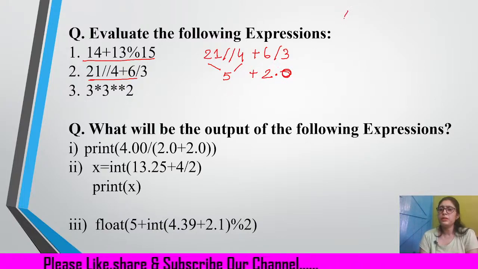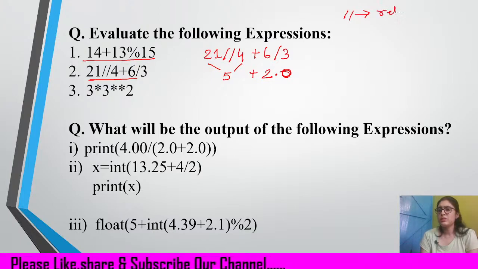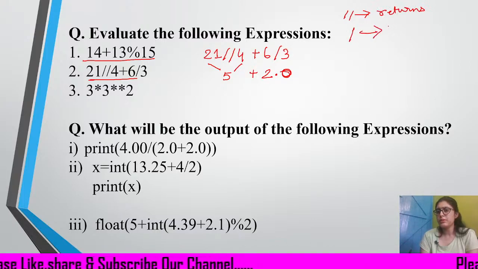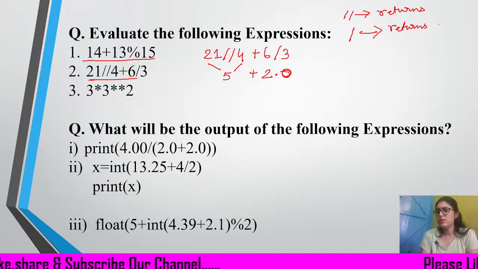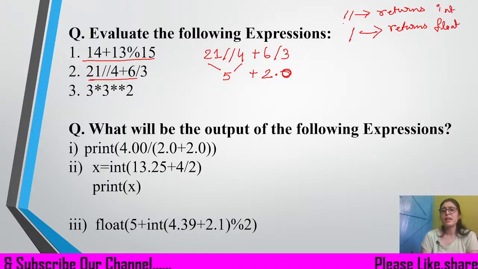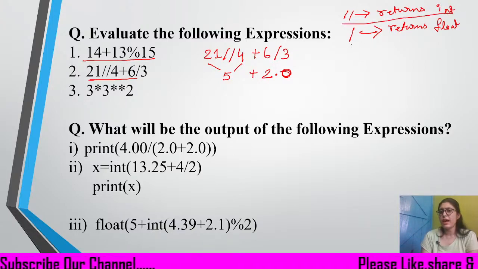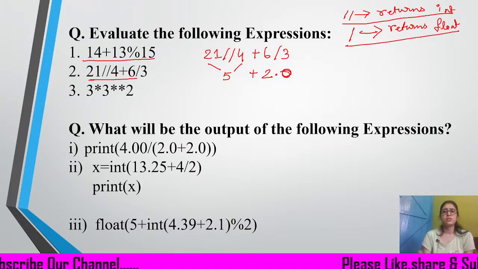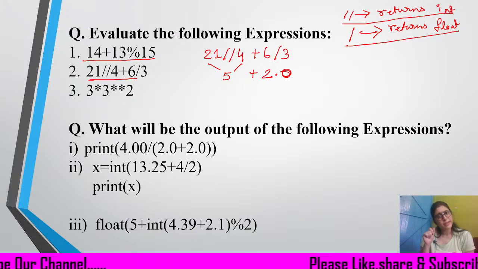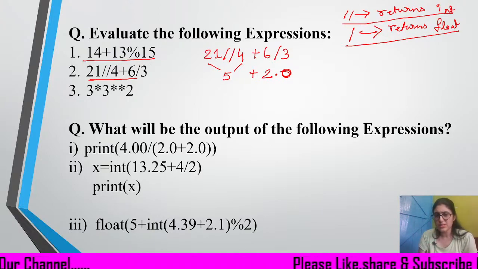Always remember this, students always make mistakes over here. Double slash will return always integer, and single slash will always return a floating point number. Okay, keep it in your mind so that you will not make a mistake.